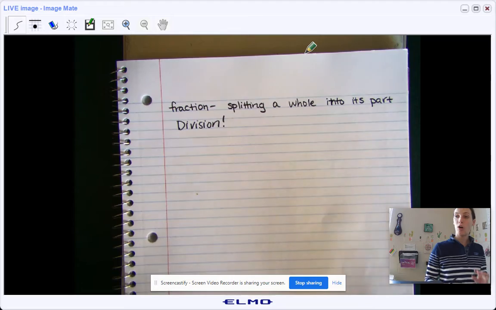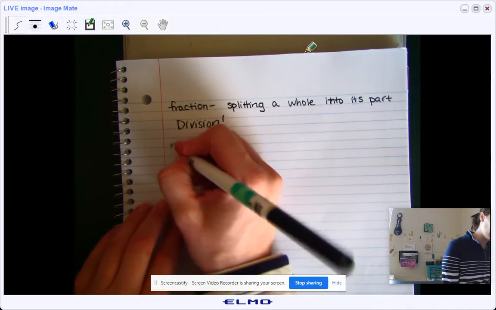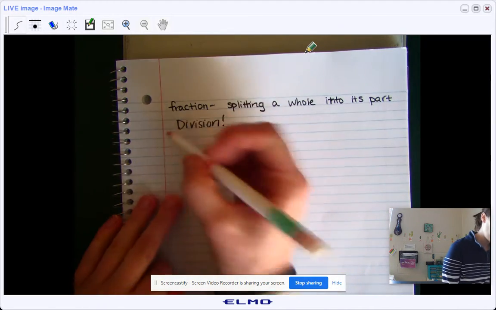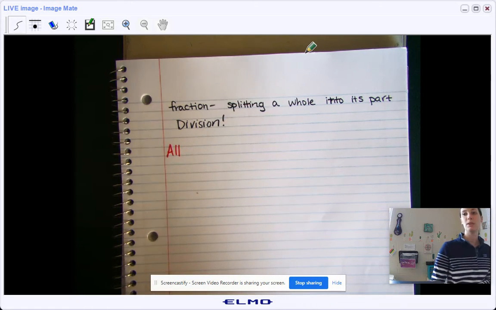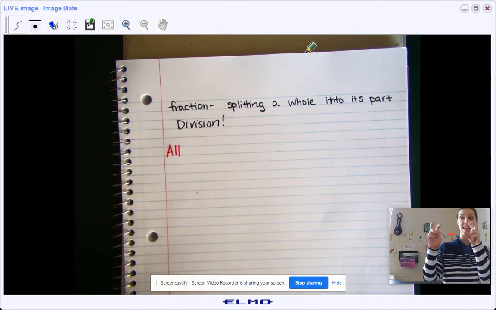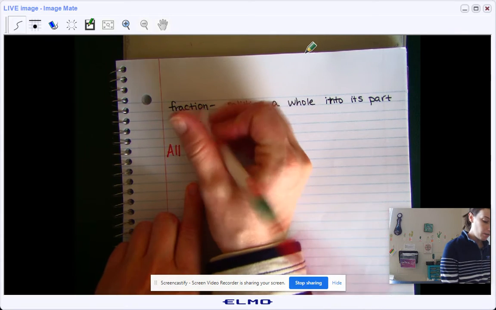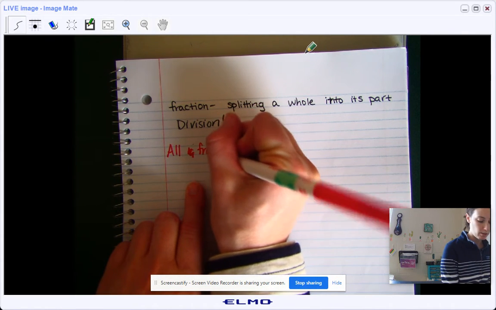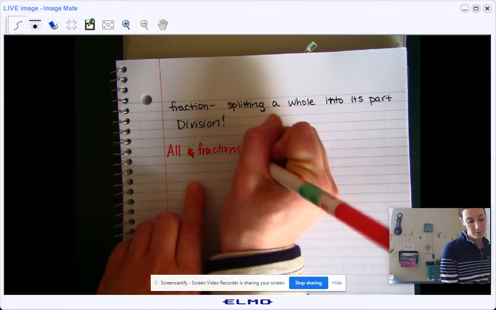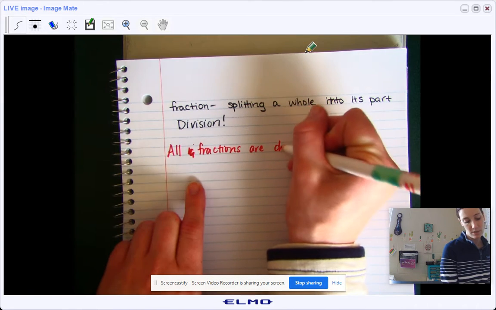What this means is that all fractions are actually division problems. A lot of times we don't want to find the answer to the division problem because we want to keep it as a division problem. But all fractions are division.